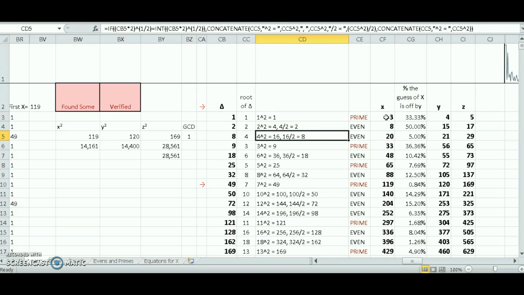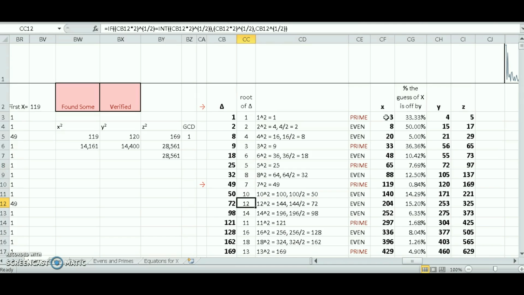It's this part of the equation right here that really makes it all work. If it's an even number, then you square it and then you take half of the square. So it's not that 4 is a delta, it's that 4 squared, which is 16, and half of 16 equals 8. So 8 is the delta.